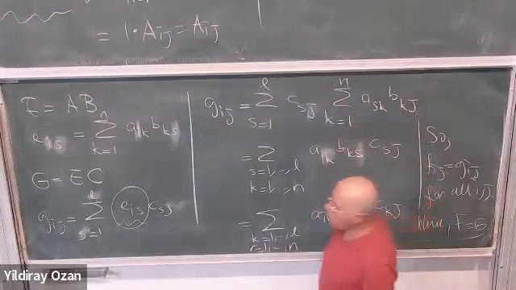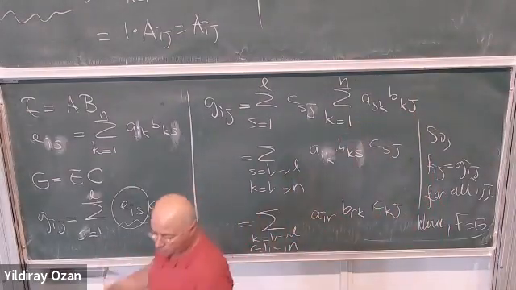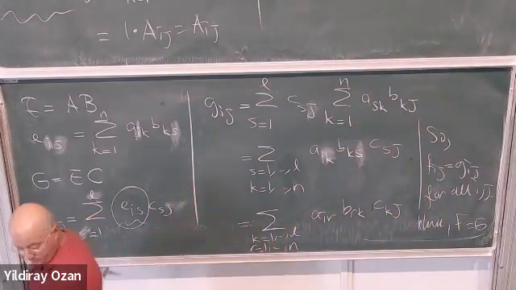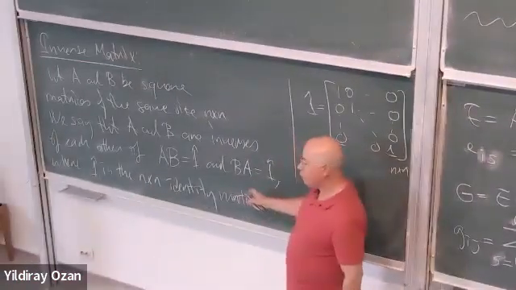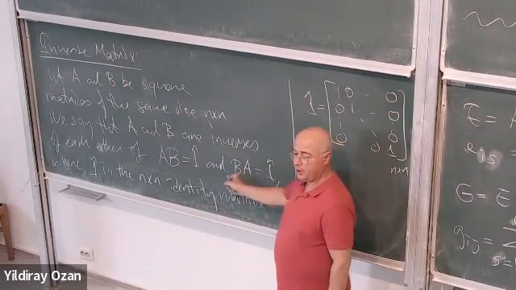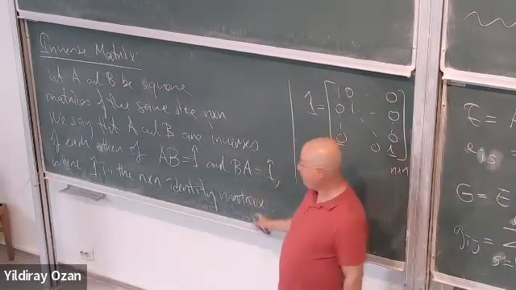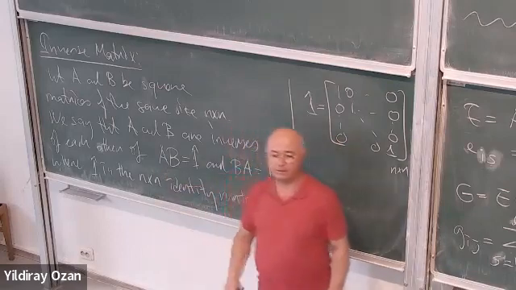And we call matrices inverses of each other if their product is identity, but in both ways, okay?